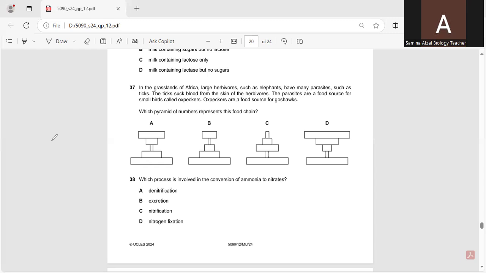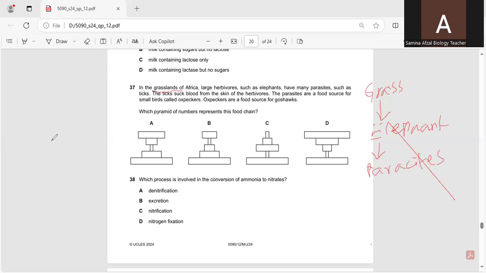Okay, we have to make this food chain. So grassland, it means grass. Grass will be eaten by a large herbivore, and the large herbivore is the elephant, and the elephant has many parasites.